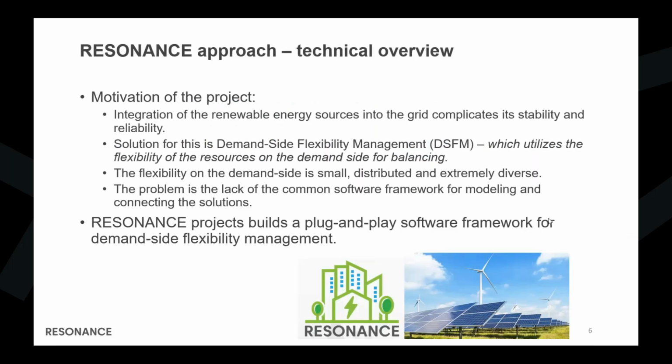So here's the brief motivation behind the project. We know that the integration of renewable energy sources into the grid, such as solar and wind, complicates the grid stability and reliability. And one promising solution for this issue is the demand-side flexibility, which is a framework or approach that utilizes the flexibility of the resources on the demand side for balancing the grid and also unlocking the full potential of the renewables.